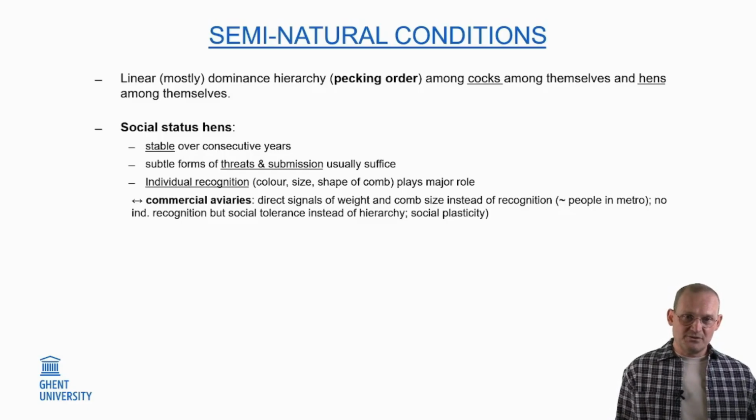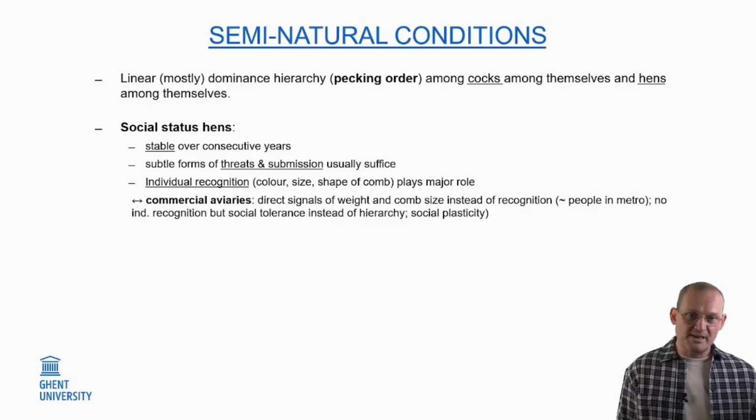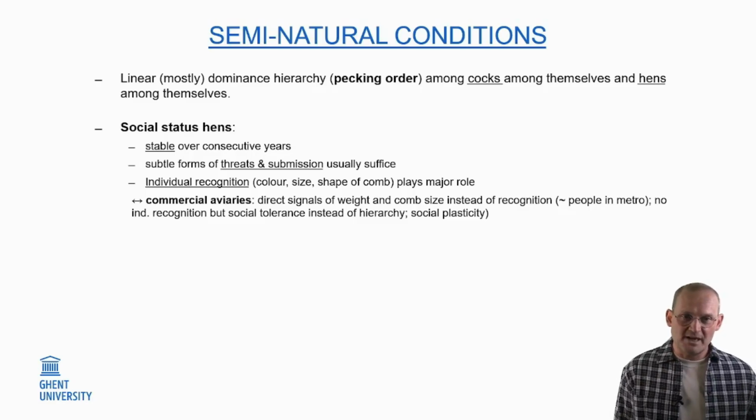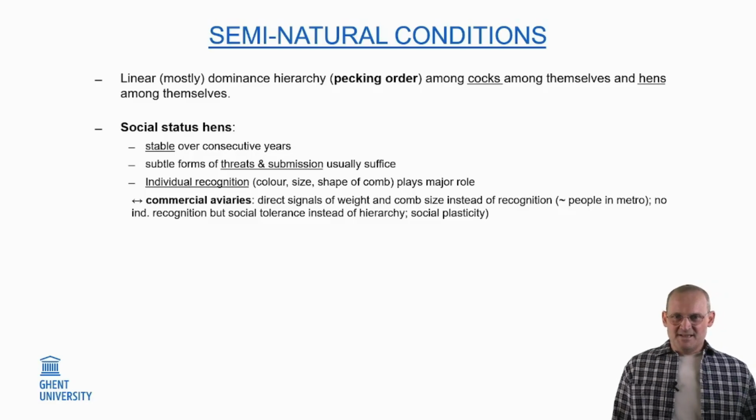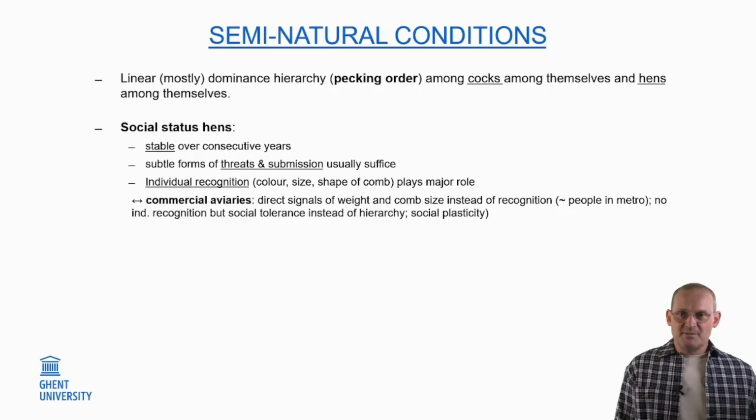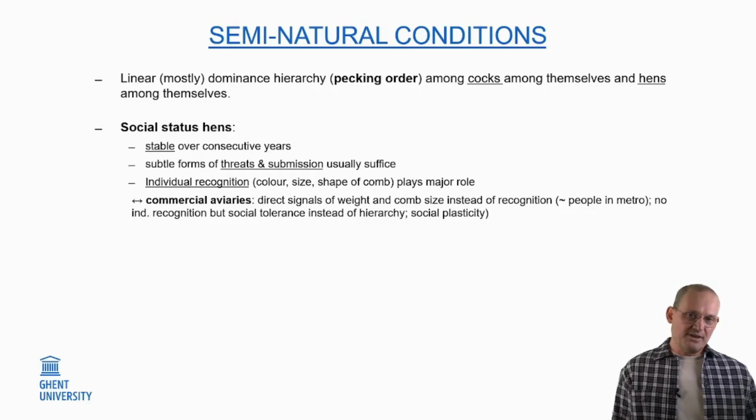A bit similar to people behaving in a metro where they don't know each other really, but you don't look for a fight with a guy that's bigger than you. So it's a system that is not based on individual recognition, but based on social tolerance instead of a hierarchy. And that is a nice illustration of the social plasticity of the social structure of laying hens, where they can adapt their social structure according to the circumstances.